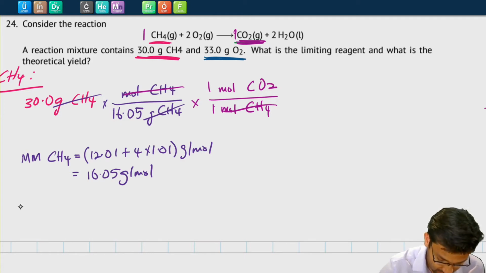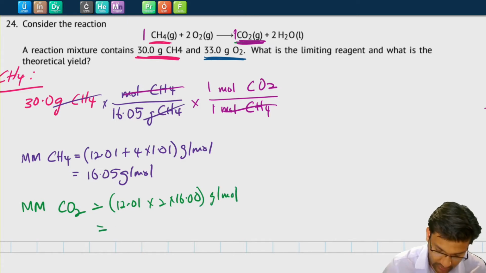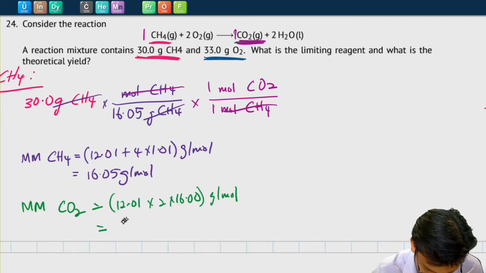So let's calculate the molar mass of CO2. It's 12.01 for the carbon, 2 times 16.00 grams per mole for the oxygen. And so that gives us a molar mass of 44.01 grams per mole.